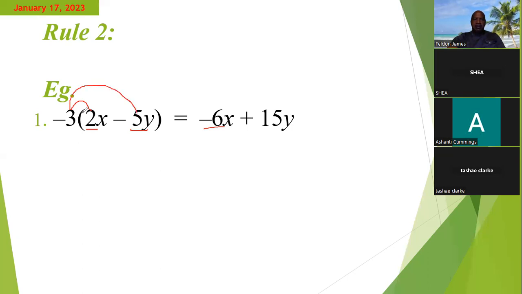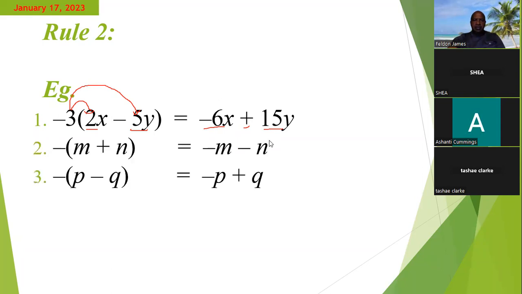And if we are following the rule of multiplying by negatives, then negative times negative will give you positive. So now you will put the sign positive here. And then the 3 times 5 will give you 15. And then you group back the y with it, all right? So that's pretty much rule number 2 at work.